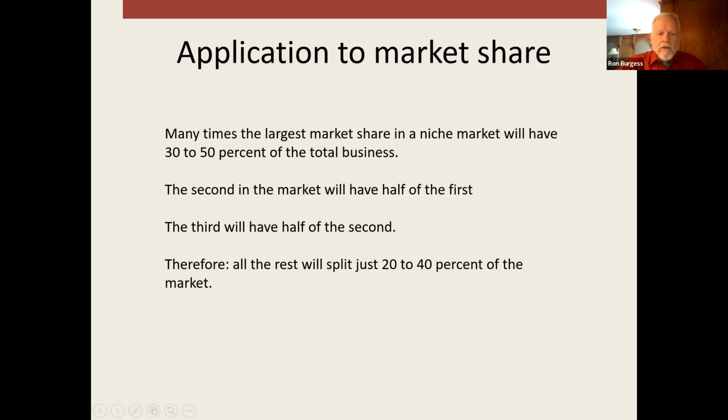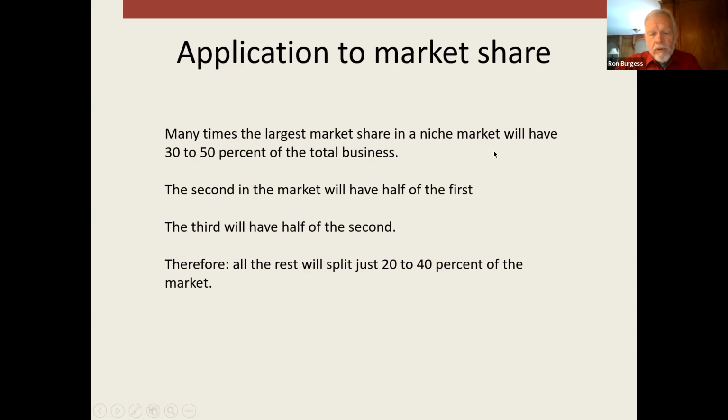So when you take a look, how do you use this? When you take a look at market share, and this has been noticed by several other marketing research people over the years, many times the largest in a particular market will have from 30 to 50% of all of the business. Now, that's not going to be true where you have many players, and every industry doesn't act exactly the same.